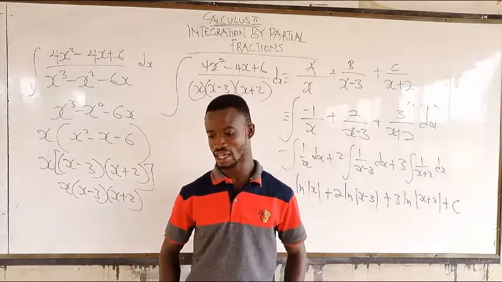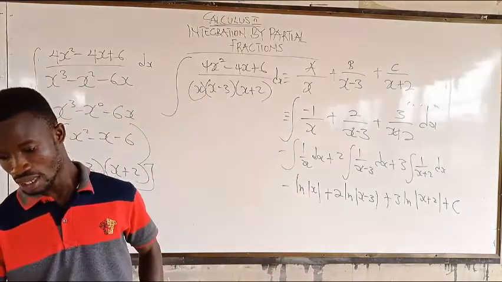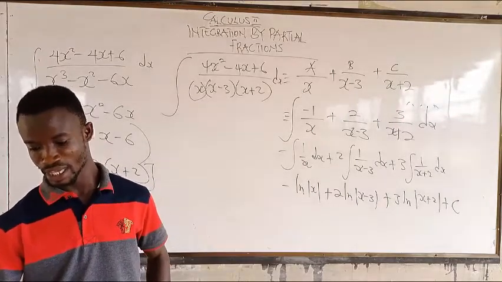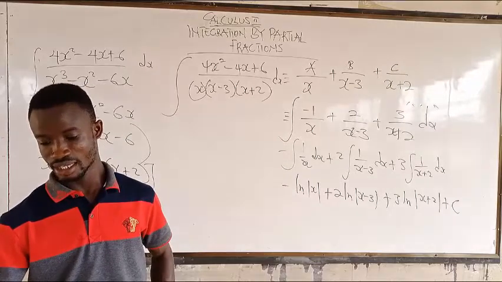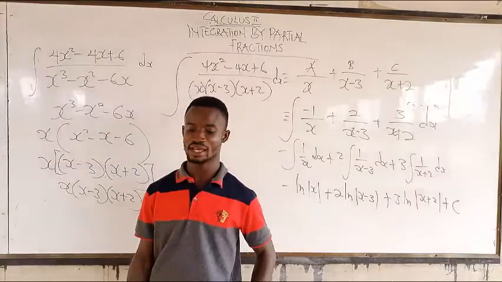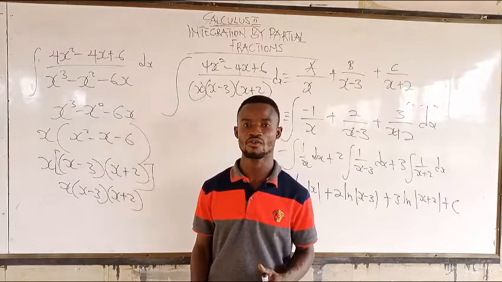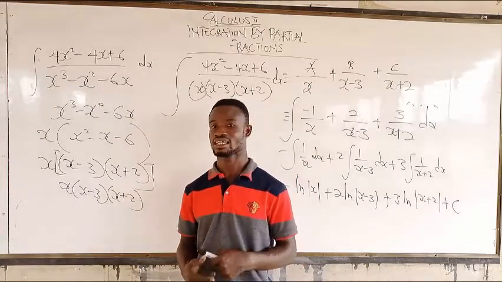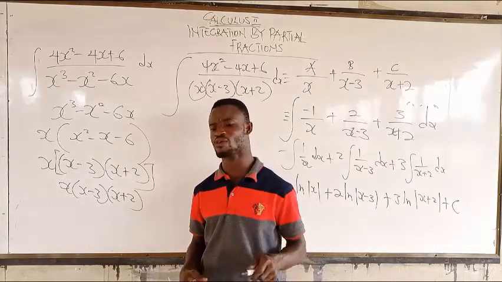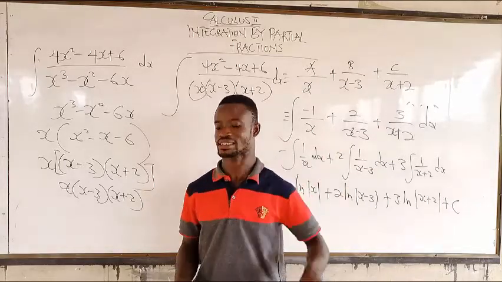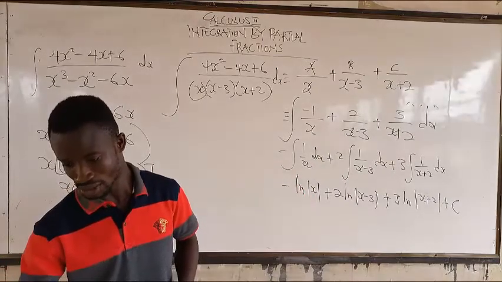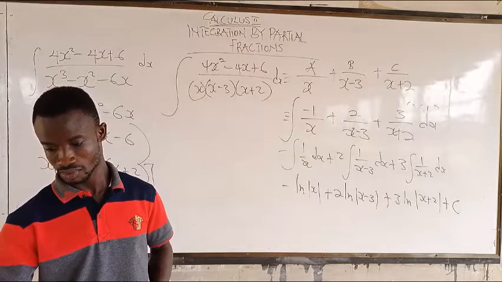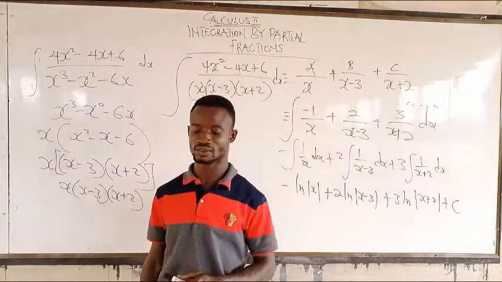Let's go to another part, which deals with the case where the power of the numerator is greater than that of the denominator. That is improper. But before that, I would like us to look at one more thing.